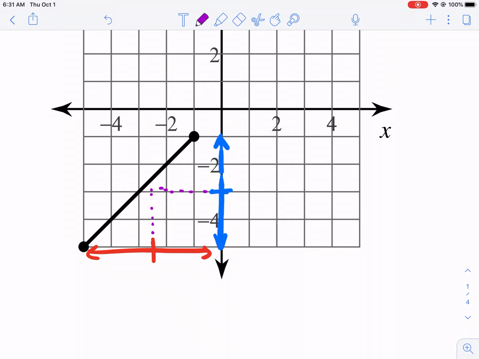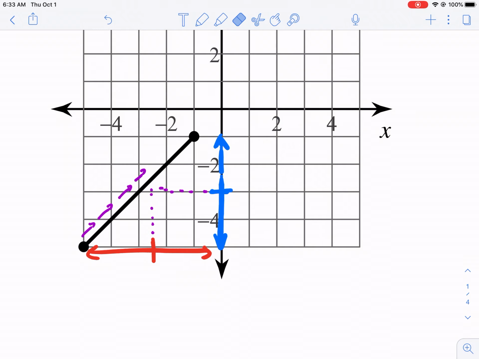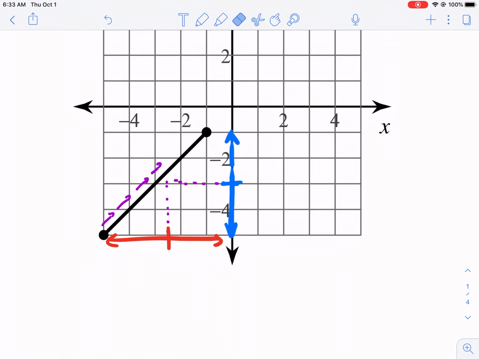It's hard to count the units going on a diagonal because when we're talking about units on the coordinate plane, we're talking about horizontal and vertical. It's much easier to count on these lines, both horizontally and vertically, than on a diagonal line. So what do we do? Like I said, we're going to count our vertical and horizontal distances, find the midpoint of those, and put that together to find our midpoint.